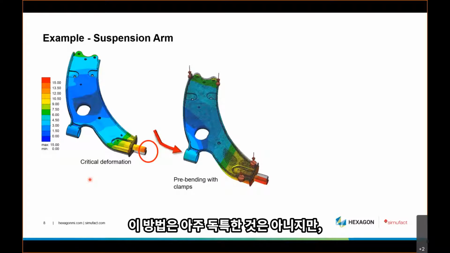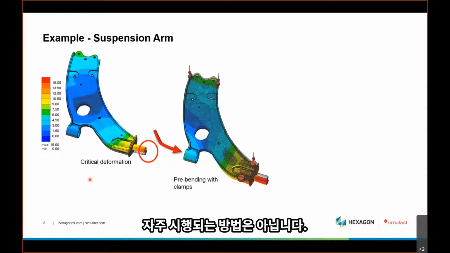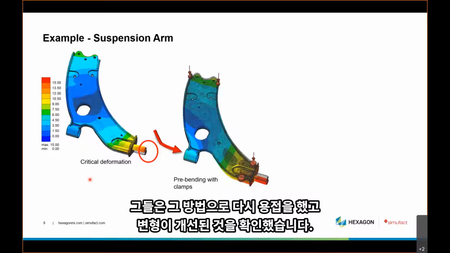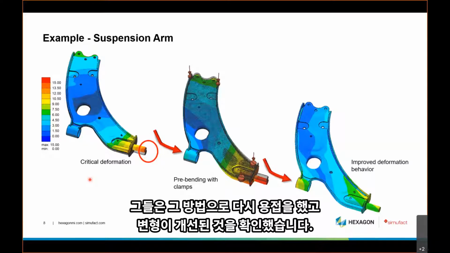This is not unique, but it is not very often the case with these types. But in this case, this was one of the variants that they asked us to test, and then they welded it again, and they actually saw an improvement in deformation.